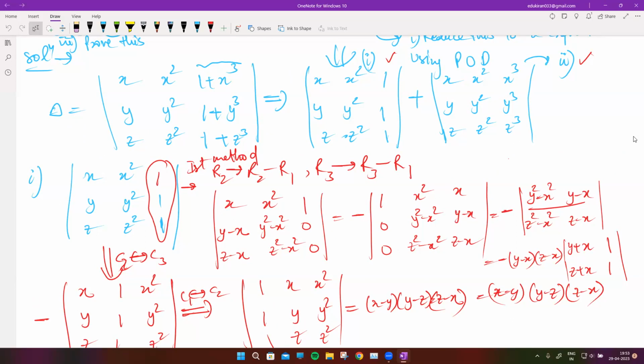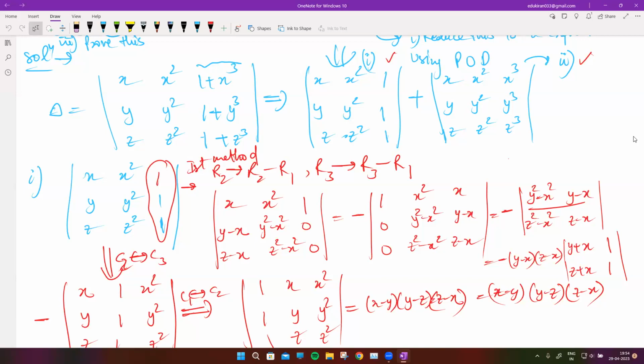Now, how to make those two zeros? If the constants are given, it would be easier. Let's say they have used 1, 1, 1. Very easy. If they have used some other constants, it will be tougher than the 1, 1, 1 condition, but it is still easy because we can easily use operations on constants. We are more comfortable with constants.